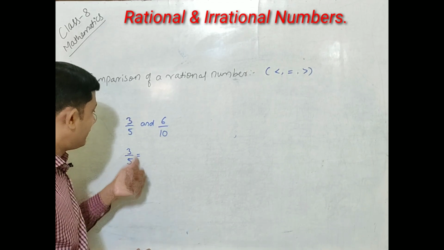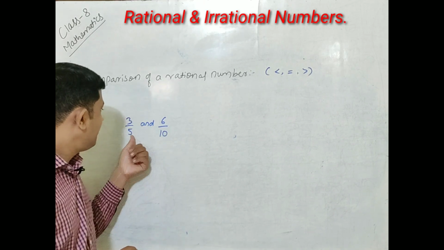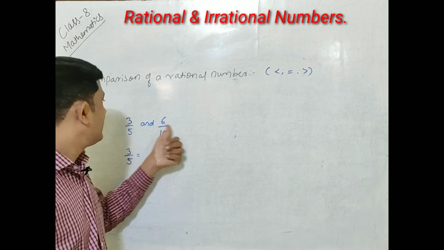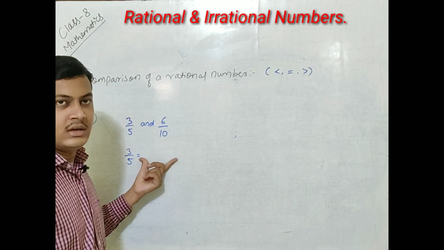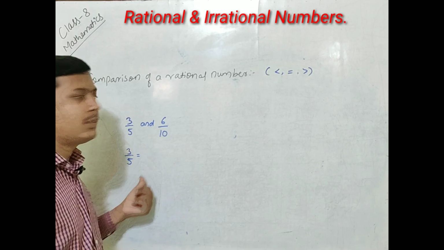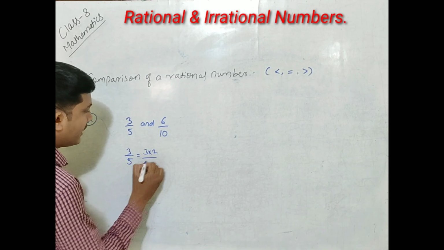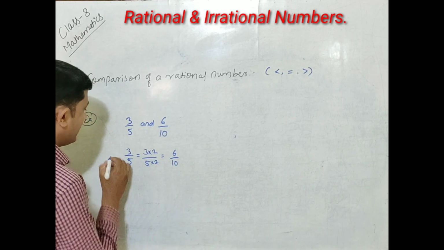By what number will we multiply the 5 so that both the denominators are same? If you multiply 5 by 2, we get 10, and here it is already 10. So we only have to find the equivalent rational number of the first one, that is 3 upon 5. So 3 multiplied by 2 divided by 5 multiplied by 2 gives 6 upon 10.